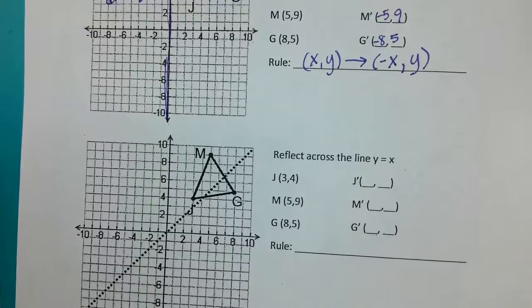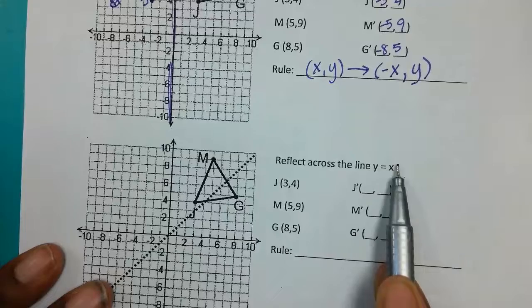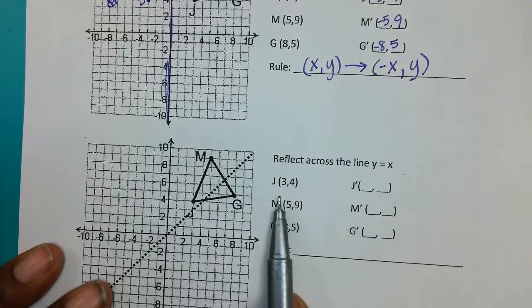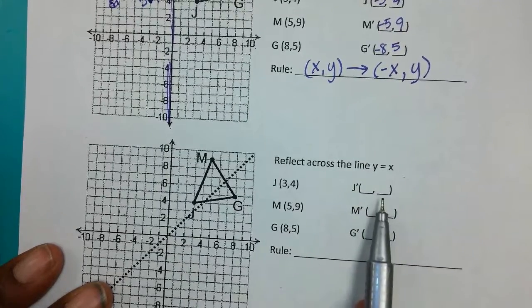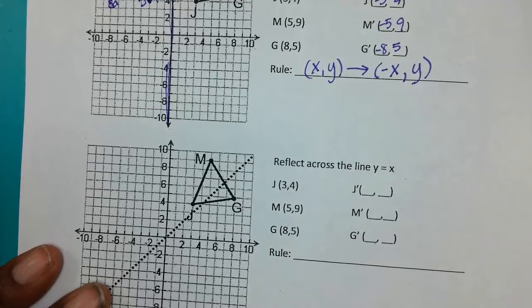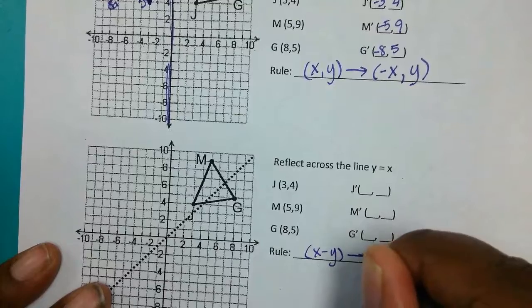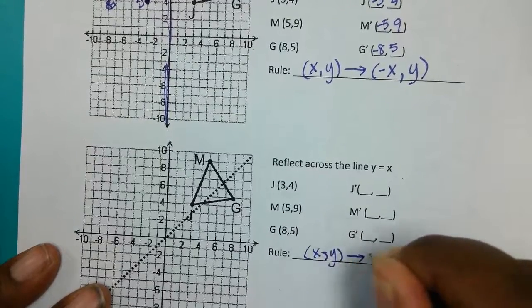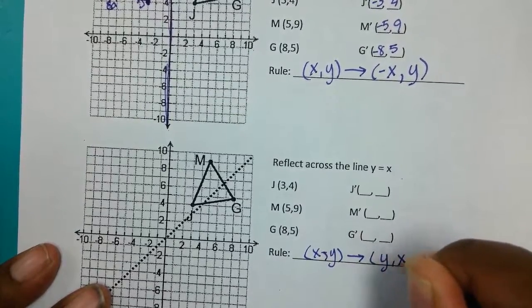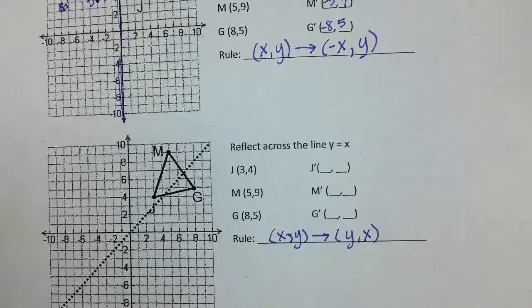So I just think if y equals x, then basically my y is my x and my x is my y. So my rule for this is x comma y becomes y comma x.